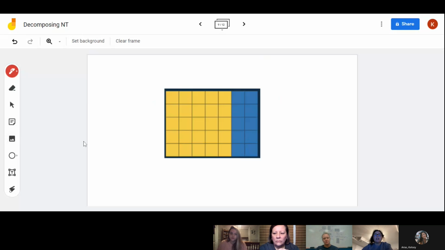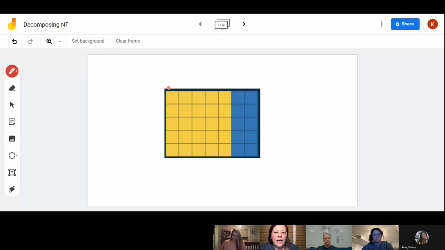Renee, after hearing Abby's and Taylor's strategies, did your strategy change, or did you think of another way to do it, or did you stay the same? I stayed the same. It was the same as Taylor's. Okay, and can you repeat that for me so I can write it down? It was in the yellow.